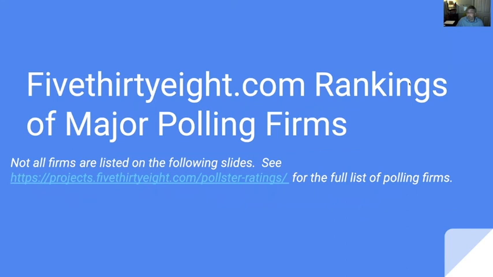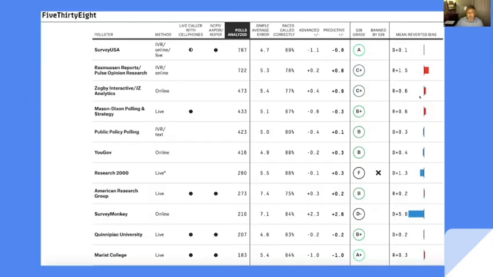I'm just going to click through and you can pause if you'd like, but the best thing to do is go to 538. You can look at the rankings yourself as they currently stand, but I'll just click through the screens here. This is just various polling firms and the grade that they are receiving by 538.